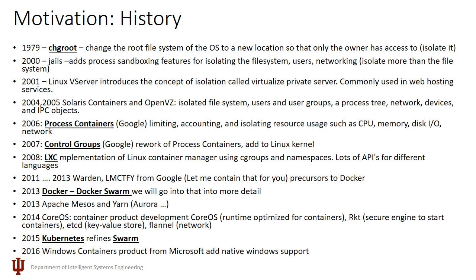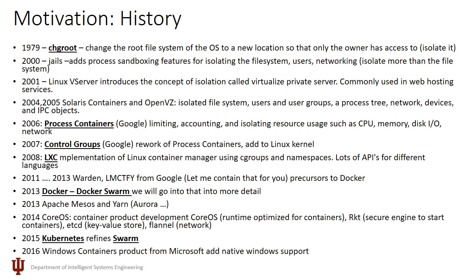Process containers introduced access to accounting and isolation of resources such as CPU, memory, disk, and I/O. This project was continued and renamed to control groups in order to avoid name conflict with the term containers that at that time was used for many other things.